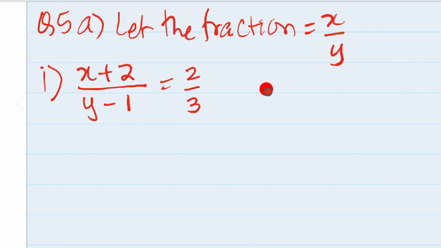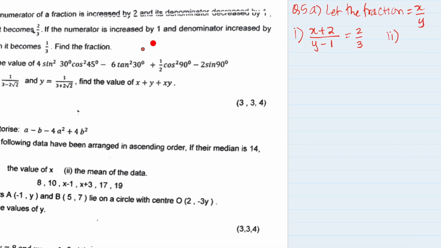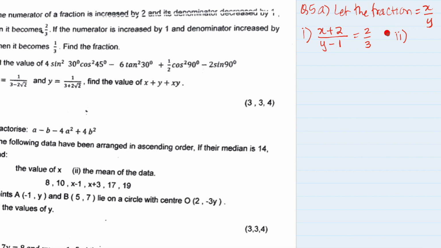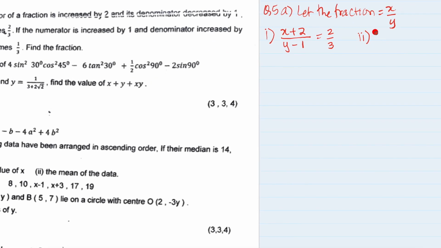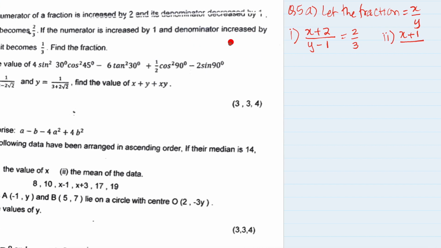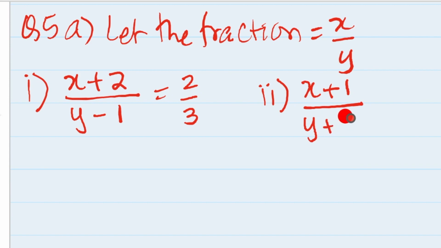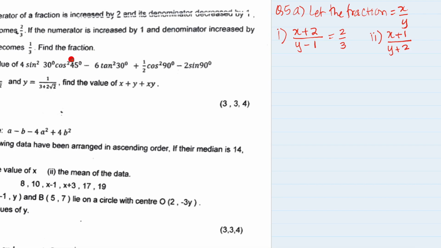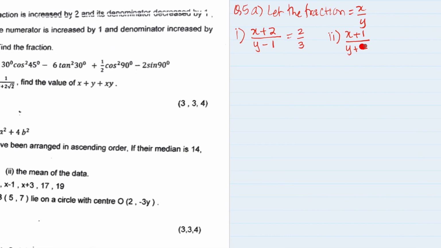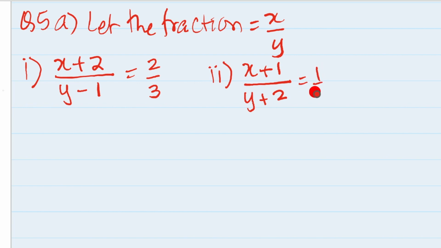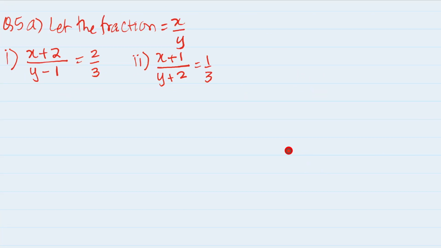Okay, and the second equation will be case 2. If the numerator is increased by 1, so x becomes x plus 1 and the denominator increased by 2, so y becomes y plus 2, then the fraction becomes 1/3. Now how do we solve this?